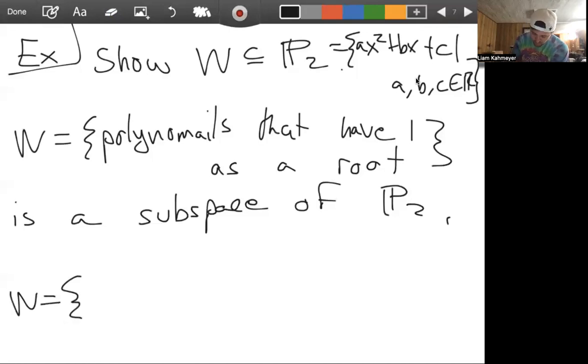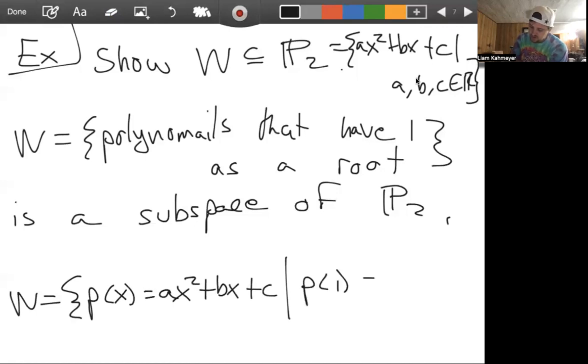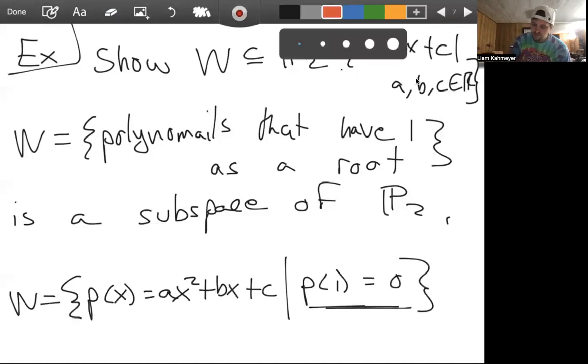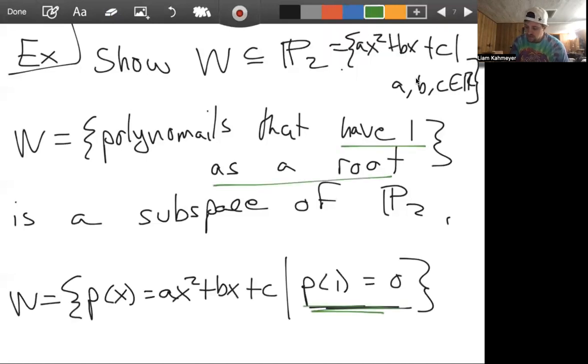W is going to be those polynomials, let's say P of X, which we can still write as AX squared plus BX plus C, such that P of 1 equals 0, right? This is precisely what it means to have polynomials that have 1 as a root, that means when you plug in 1 to the polynomial, you get 0, right?